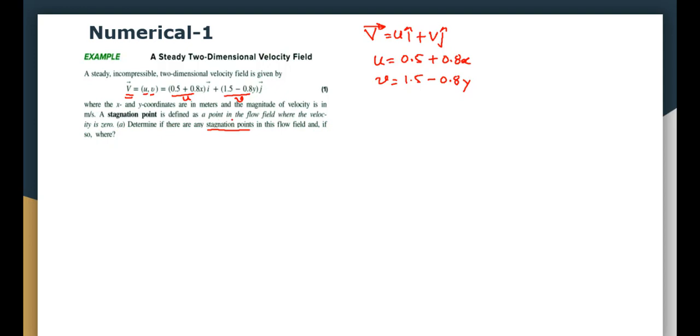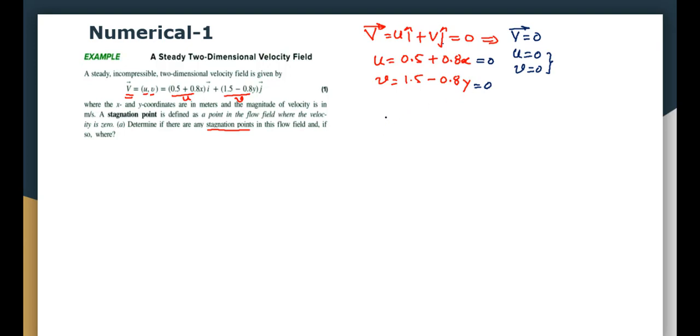Suppose the velocity v is equal to 0. What is the meaning of this? It means u is equal to 0 and v is also equal to 0. Both components, one along the x-axis and one along the y-axis, must be 0. So at a stagnation point, this is equal to 0 and this also will be 0.